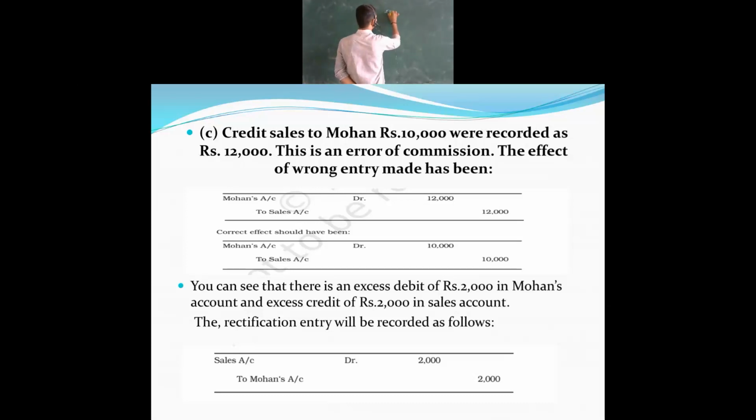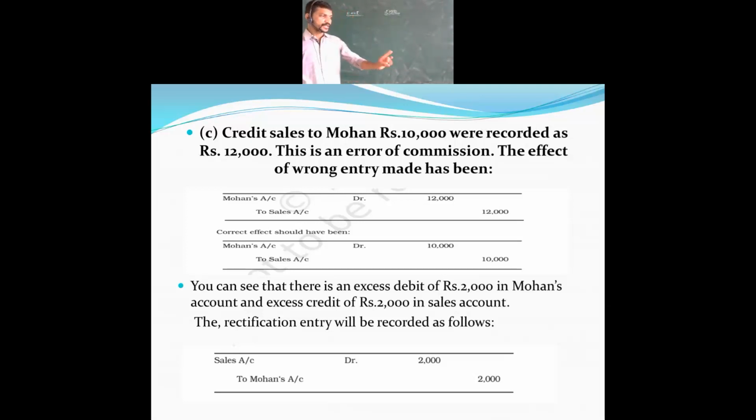We have made credit sales to Mohan of 10,000 rupees, but it was recorded as 12,000 rupees. The transaction amount for the credit sales is 10,000, but you have added extra, means excess amount you have recorded here. So we can call it excess.